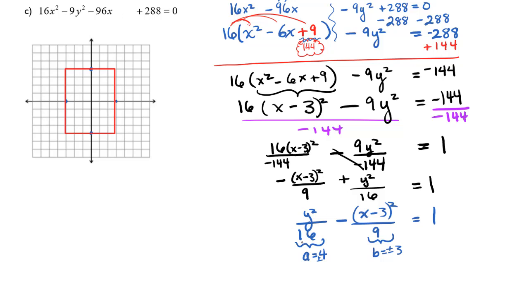Since my y² term is positive, I know that this is going to be a hyperbola opening upwards and downwards, so I can find the focus by finding c. c is going to be plus or minus the square root of a² + b², which means I'll have c equal to plus or minus the square root of 16 + 9, which is equal to plus or minus the square root of 25, which is convenient because that gives me plus or minus 5.